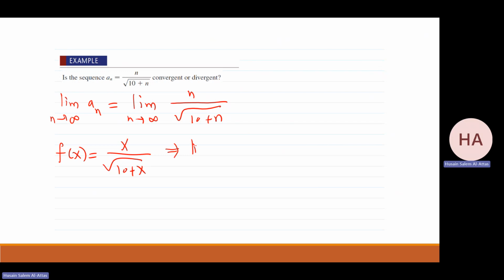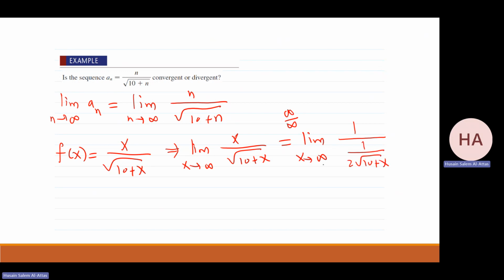So the limit as x goes to infinity of this is infinity over infinity, so using L'Hopital's rule, what do you get? You get 1 over 1 over 2 square root of 10 plus x.